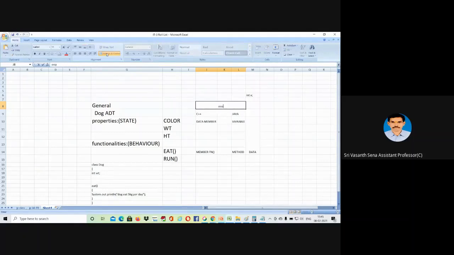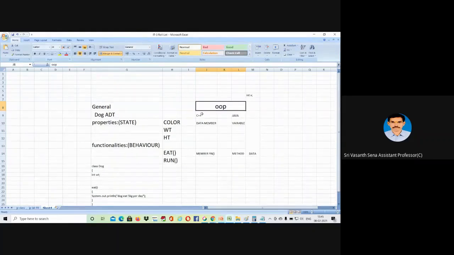So whenever you are thinking in object orientation, this property or state in C++ is said to be a data member.